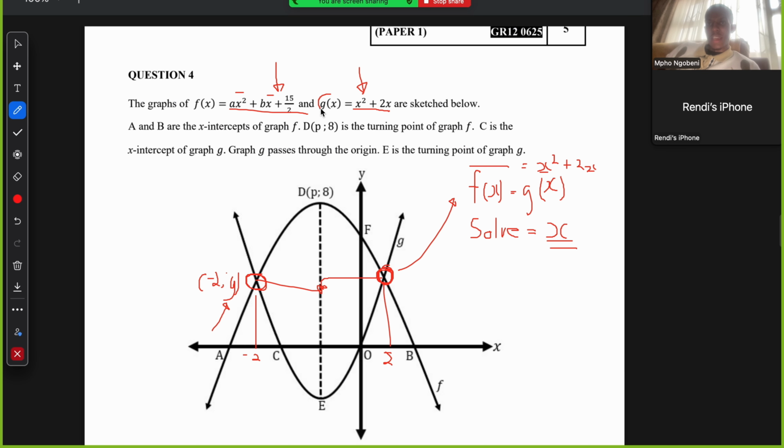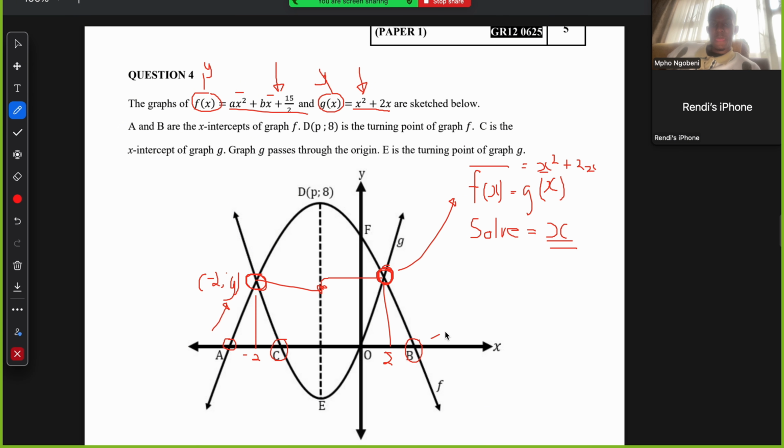You know that g(x) is equal to y. f(x) is also equal to y. Right. Okay. So now if they say calculate B, calculate C, calculate A, how will you go about it?